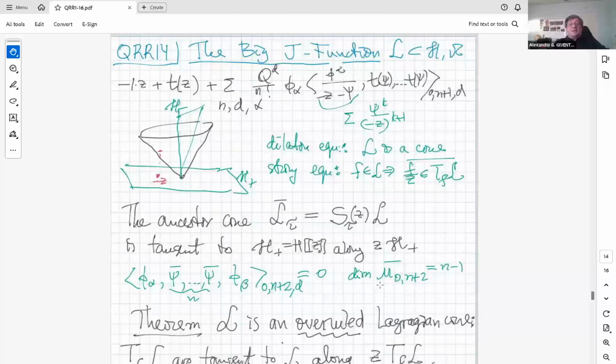See that the Deligne-Mumford space of genus zero with n plus 3 marked points has complex dimension n. So it's the number of marked points minus 3, right? It's because SL2C, the three-dimensional group of transformations of CP1, moves points around.